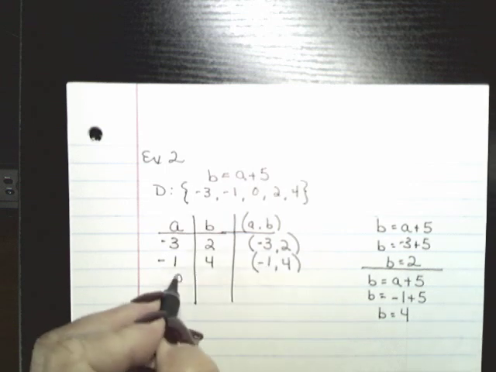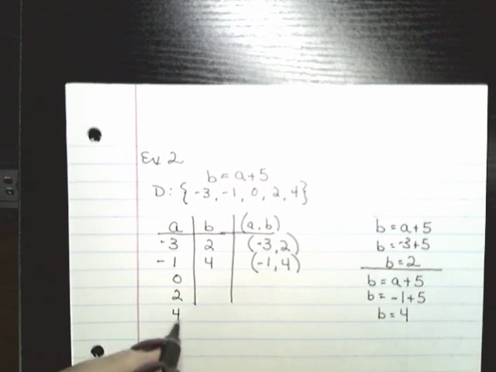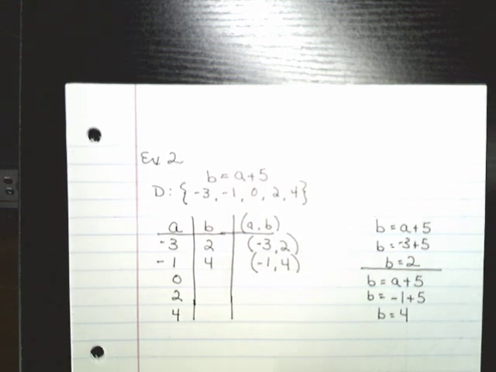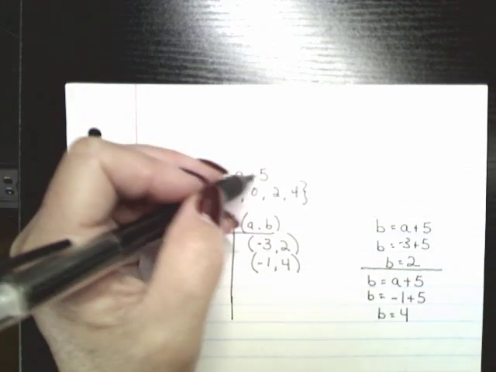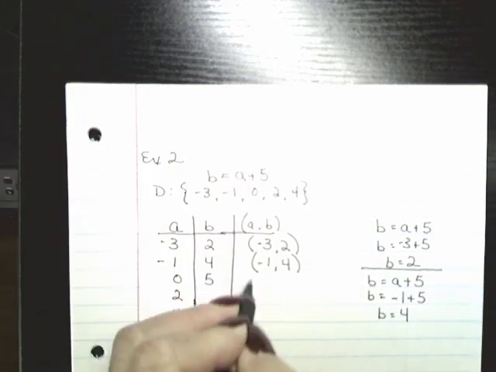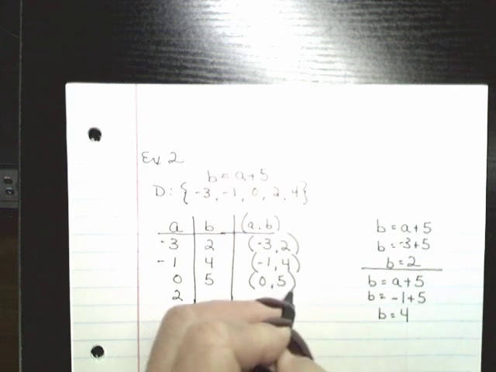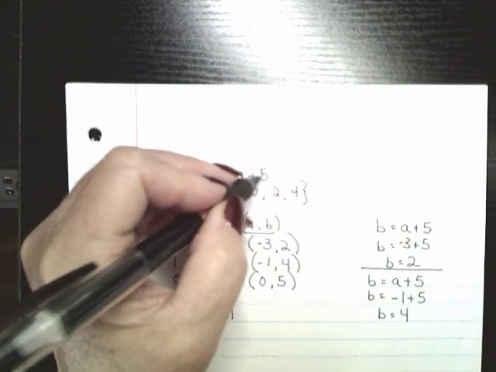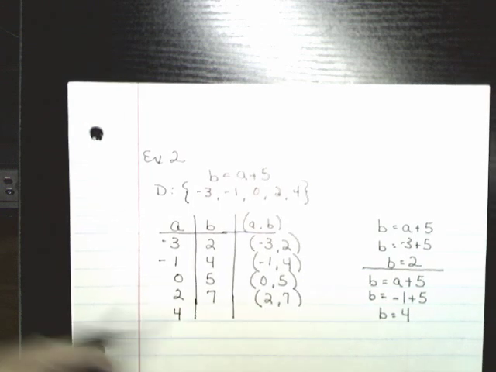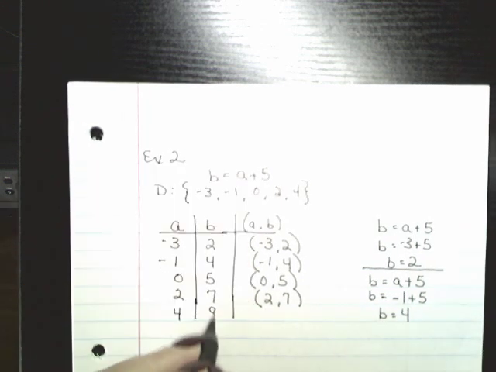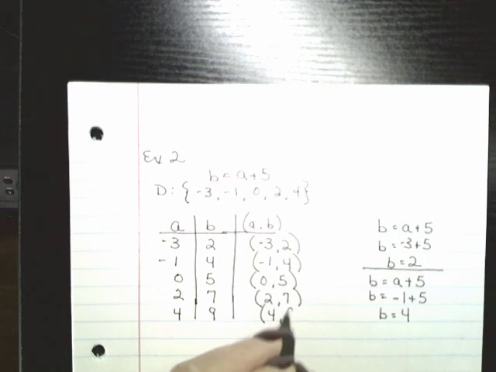I'm going to fill in the rest of the domain here, 0, 2, 4, and I'm just going to walk through them. I'm not going to write them all out. So A is 0, so 0 plus 5 is going to equal 5. That's going to be (0, 5). 2 plus 5 is 7, so that ordered pair would be (2, 7). And 4 plus 5 is 9, so that's going to be (4, 9).